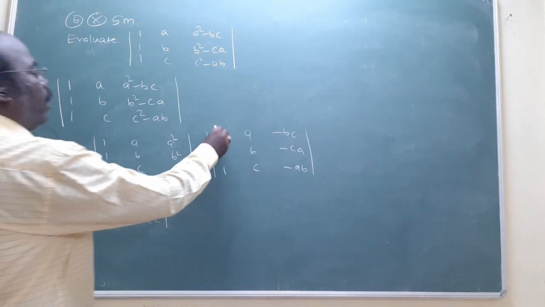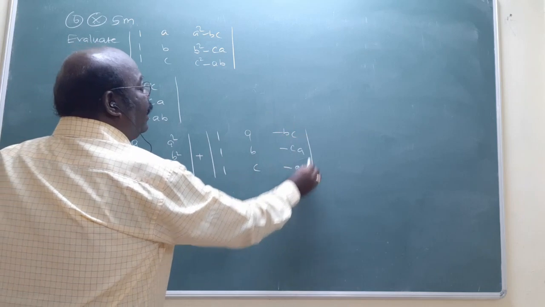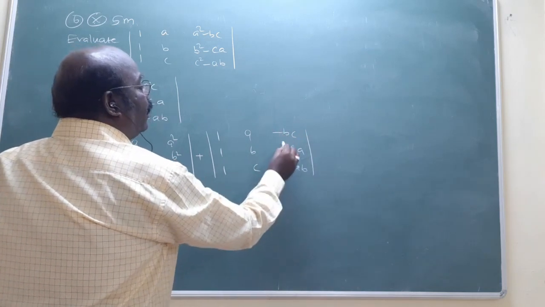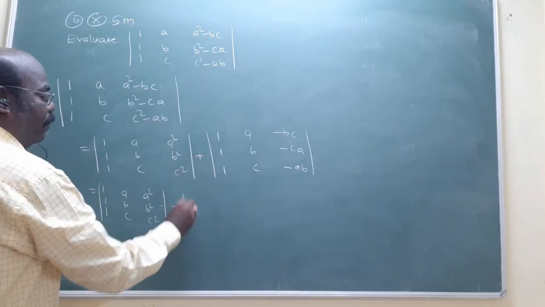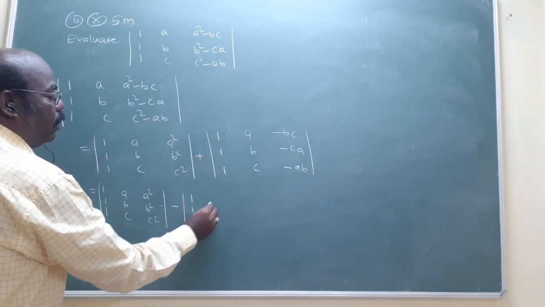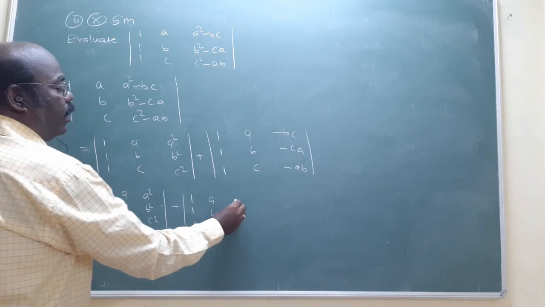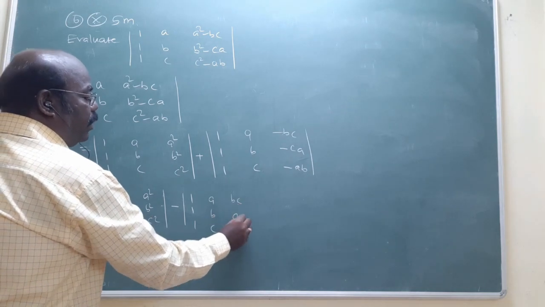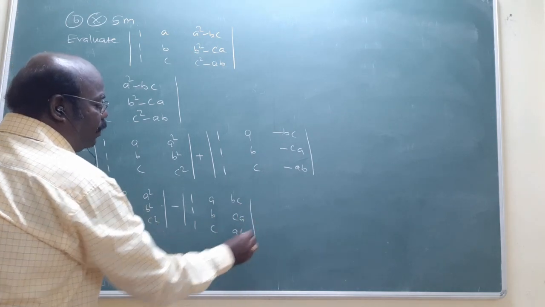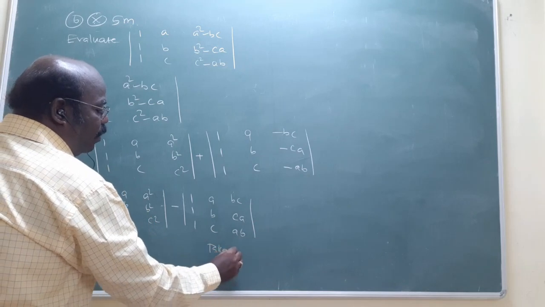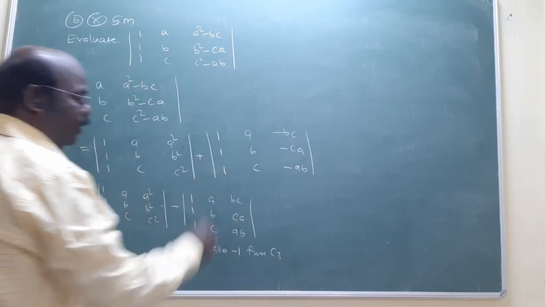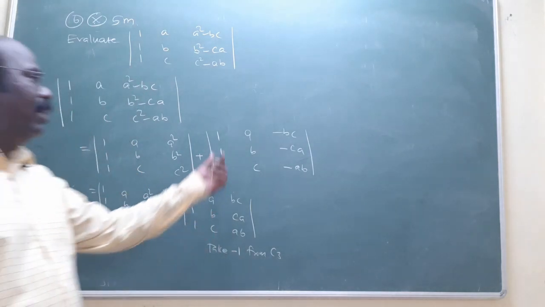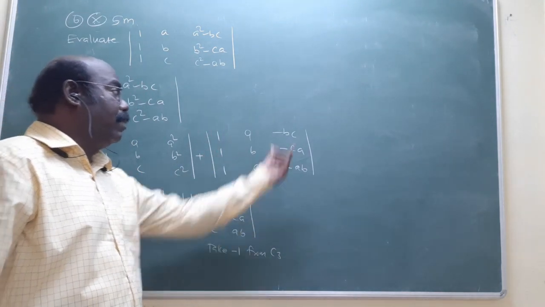Here no one common, but here you see this is the third column, no? Minus is common, take it outside, automatically minus into plus gives minus. We get 1, 1, 1, a, b, c; here bc, ca, ab. Give the reason: take minus 1 from C3. This is the reason. This is called first column, second column, third column.